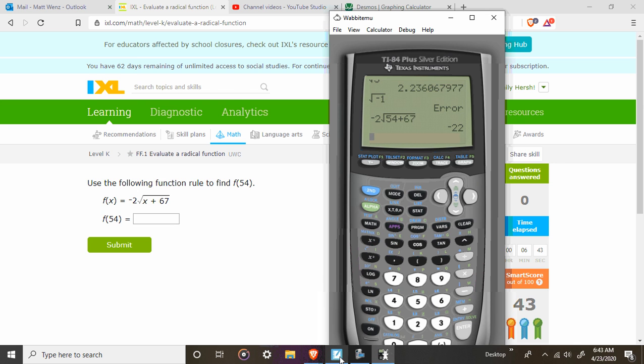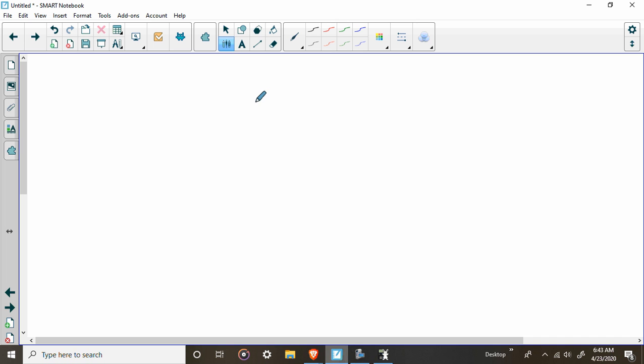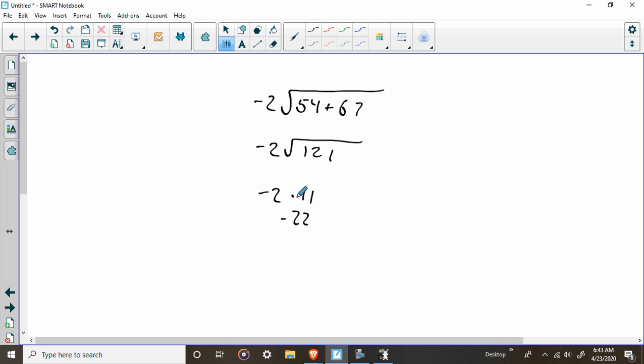If you want to do it by hand, 54 plus 67 is going to be 121. Because what we got in here was a perfect square, this becomes an answer that we would be able to graph, an answer that would make sense, okay?